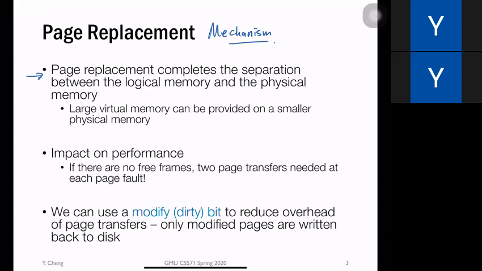The logical memory typically has a larger capacity, even though it's virtual capacity, than that of the physical memory. So we could say a logical memory consists of the physical memory part together with an extension to the physical memory.